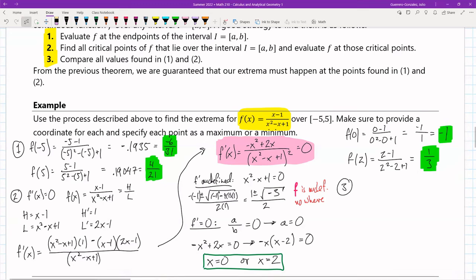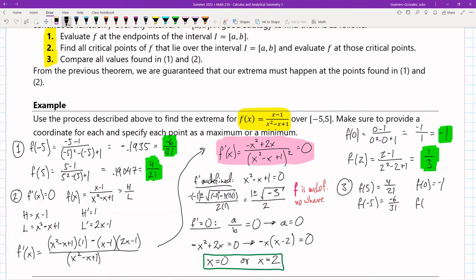So to do that, I'm just going to collect the values here. f of 5 is 4 over 21. f of negative 5 is negative 6 over 31. f of 0 is negative 1.